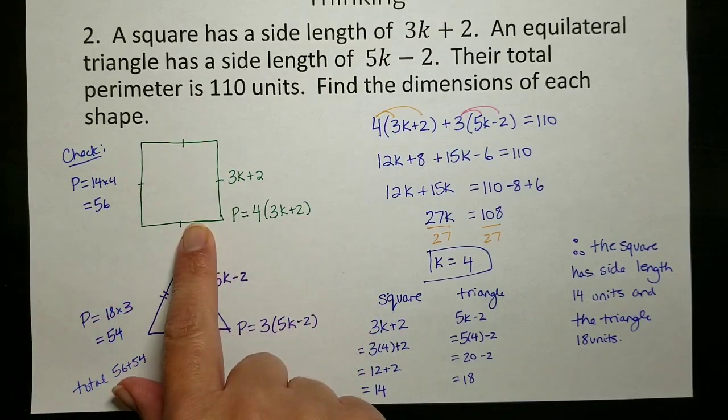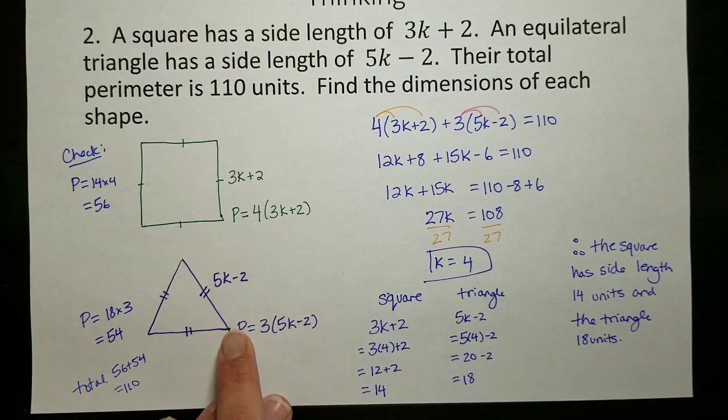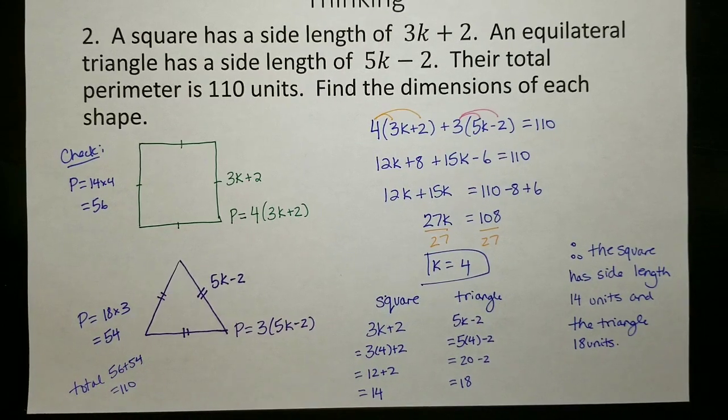You can find the perimeter of a square with side length 14. You can find the perimeter of an equilateral triangle with side length 18. Do those perimeters work out to what was given in the original question? Always make sure to check your work wherever you can, and that can help you catch silly mistakes, whether you copied something down wrong or wrote the wrong number or added when you should have subtracted, whatever it might be.